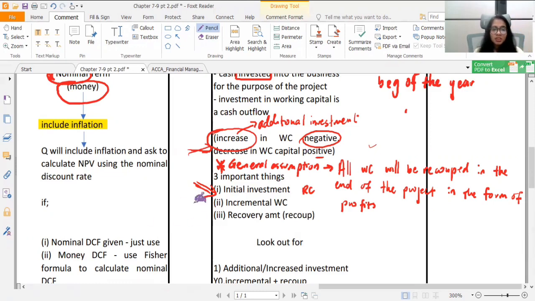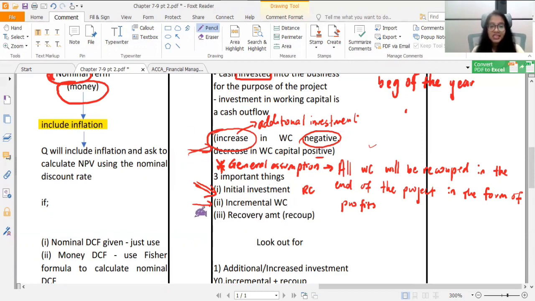Number two, incremental working capital. So incremental working capital means there has been an additional investment in working capital. So this additional amount is a relevant cost because it is specific to your decision again.